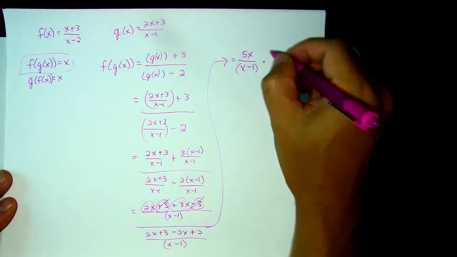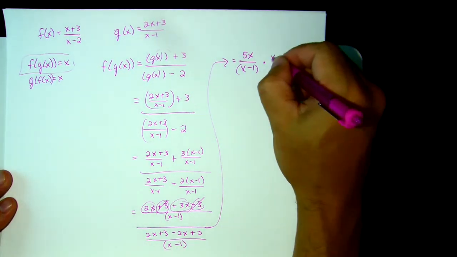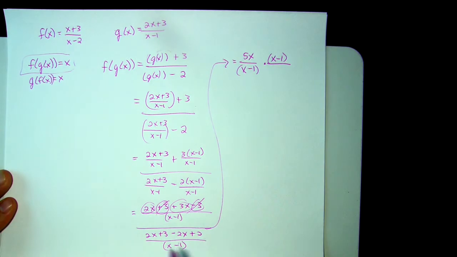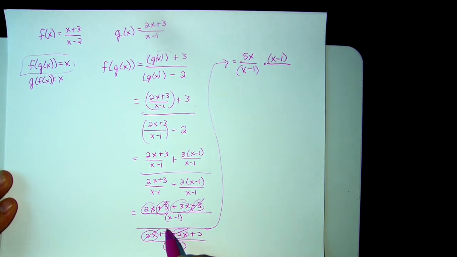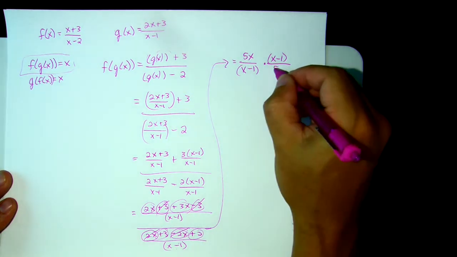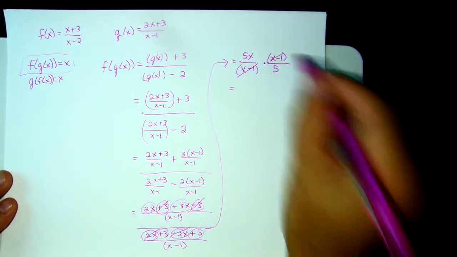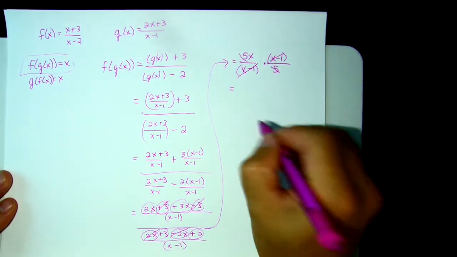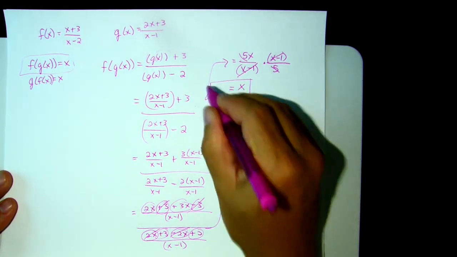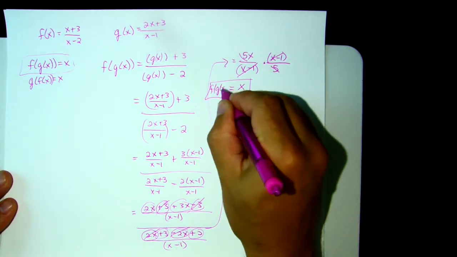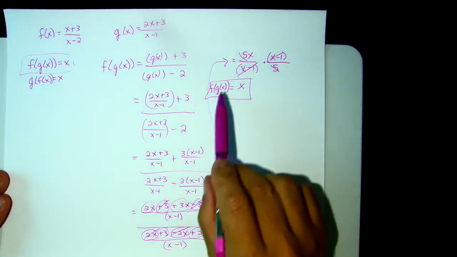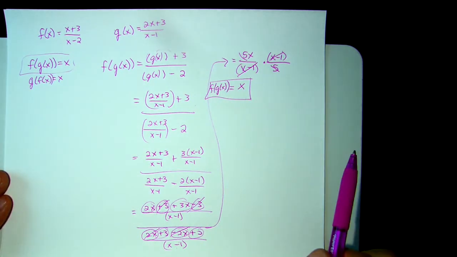Times, I invert this fraction, so this is x minus 1 on top. 2x minus 2x is 0. 3 plus 2 is 5. These cancel, the 5s cancel, and I'm left with x. So now I've proved that f of g of x equals x.